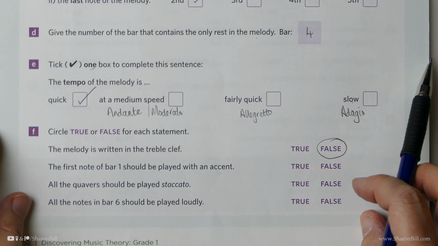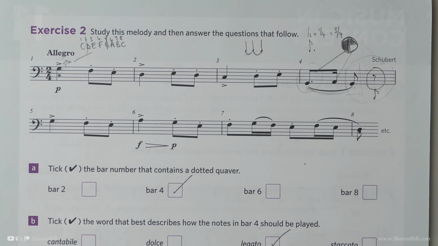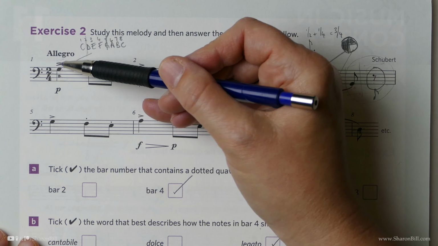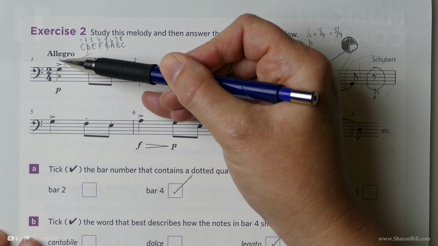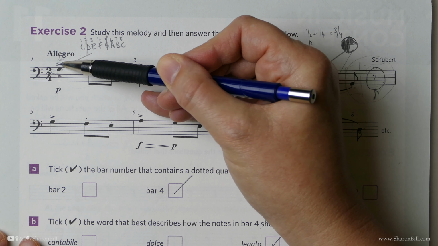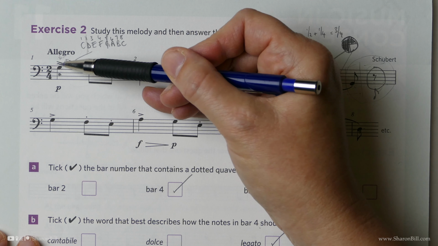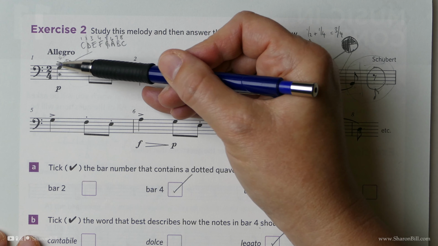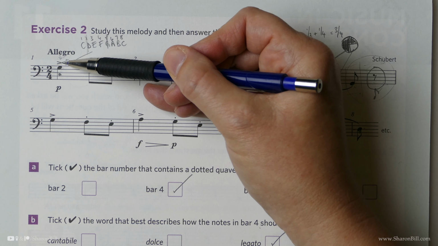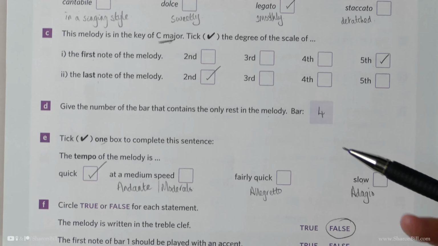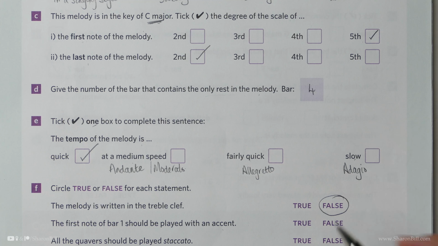Let's have a look. So bar 1, the first note is this note here, and we've got this marking here. And this little pointy arrow thing does indeed mean an accent marking. So that's played with a bit of an extra oomph, a bit extra attack to that. So that is an accent. And so we know that that is true.